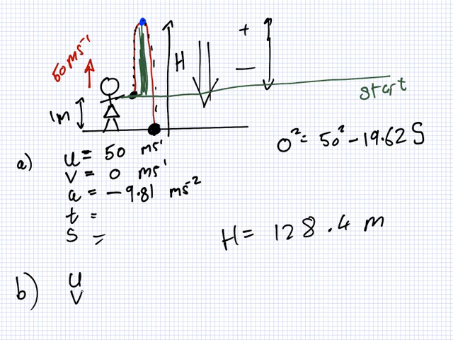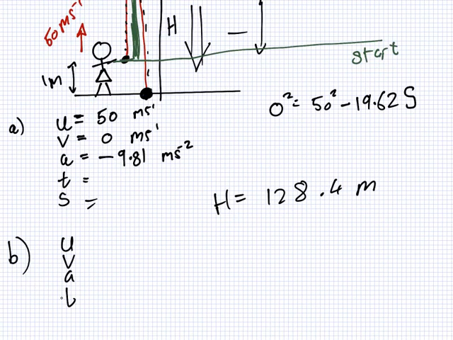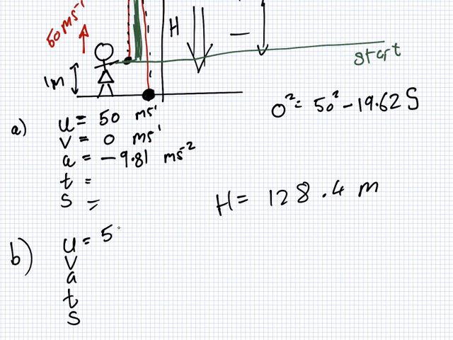Okay, so let's see what we know. Do we know the U? Yes. Do we know the V? Yes. Do we? Oh no. I mean, if we do, what is it? Zero. The ball is not going zero when it hits the ground.